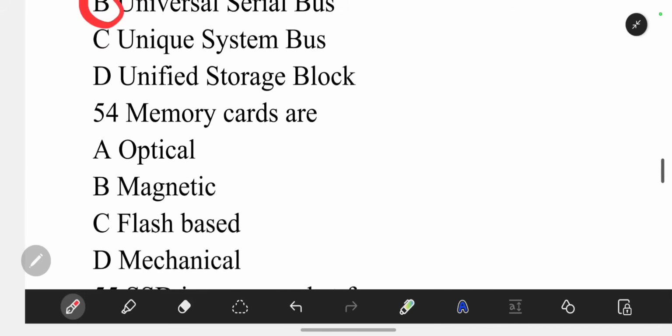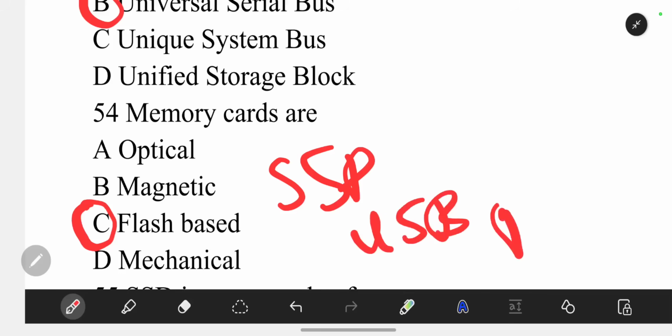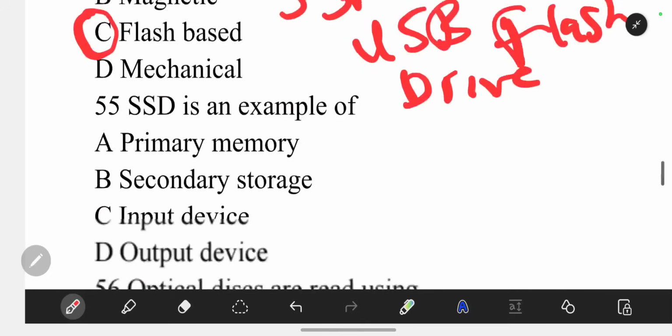Then we have memory cards are examples of flash based. So flash based, we can have SSD, we can have the memory card, we can have the universal serial bus flash drive. All these use the flash based memory.